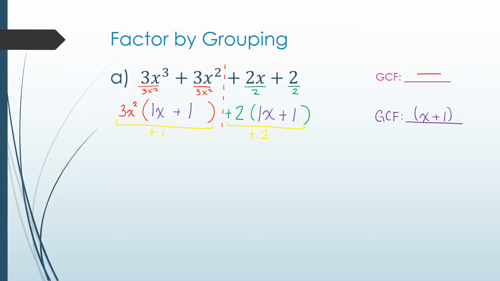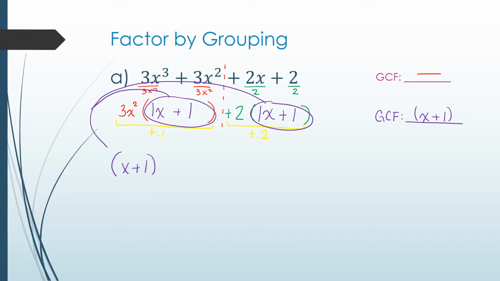Since that's a common factor, I can factor out x plus 1 out of this problem. So if this is x plus 1 and this is x plus 1, and I factor or undistribute it out, what does that leave me with? Well, it leaves me with 3x squared plus 2. And that would be your factored answer.